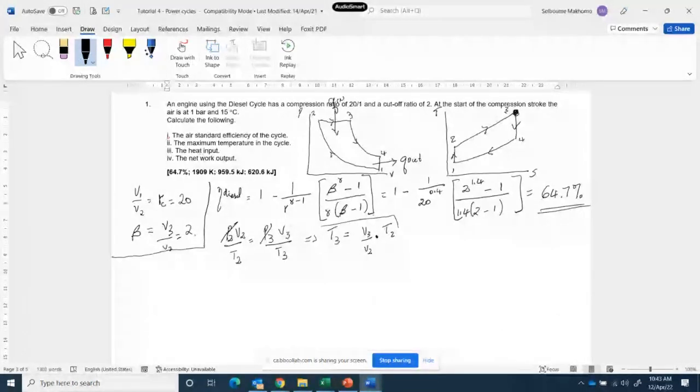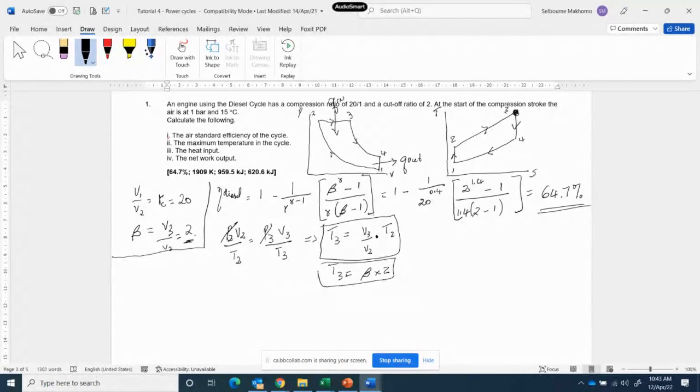So this is the answer for T3. V3 over V2 is given as 2.